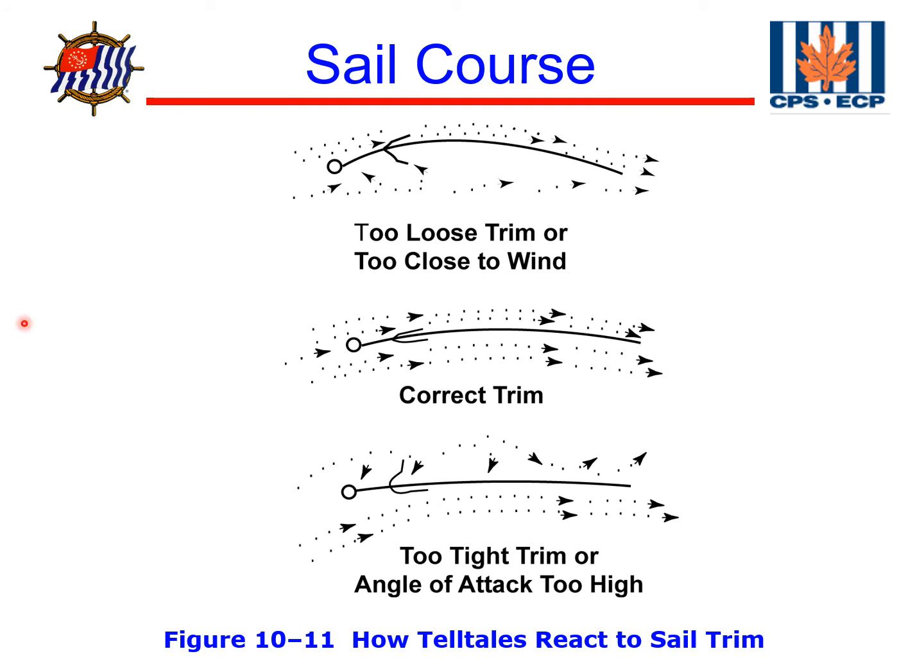There is a tendency for new sailors and experienced sailors to over trim the sail into this kind of a position because it looks good, the boat feels fast, the sail has got a pretty good shape, but if you look at the yarn, what will happen is the boat will feel slow, bogged down.